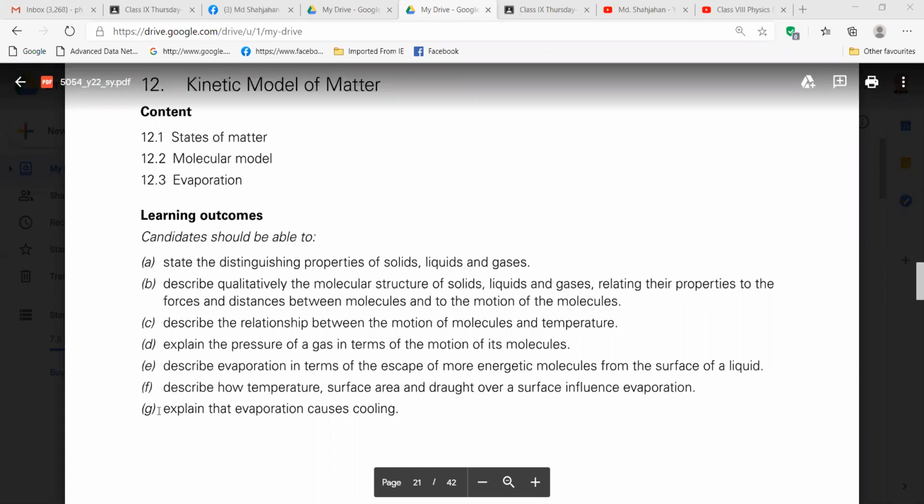This way. And one thing I'm saying to you, adding to all this discussion, that is not only for physics, we have Cambridge syllabus for other subjects also.